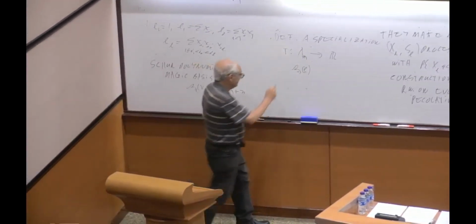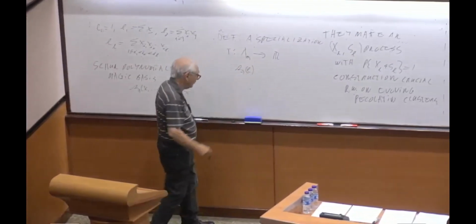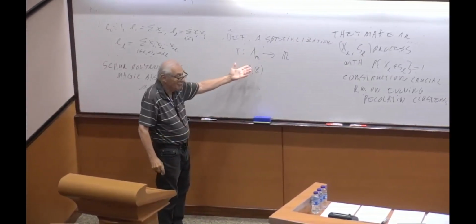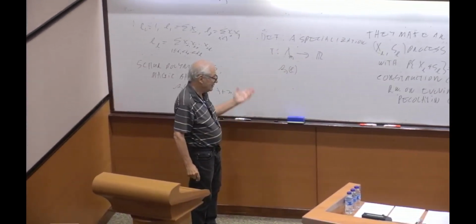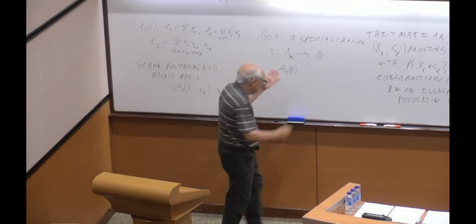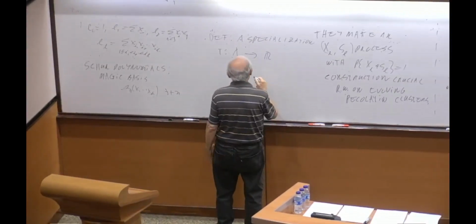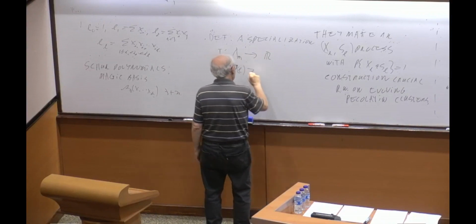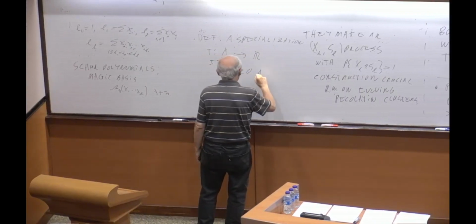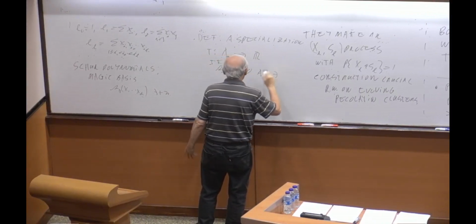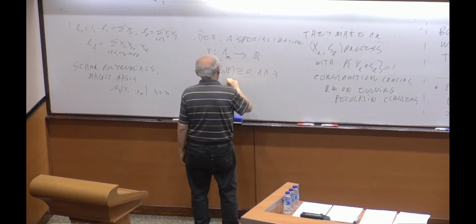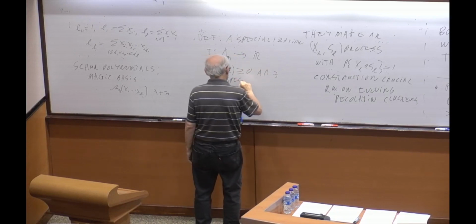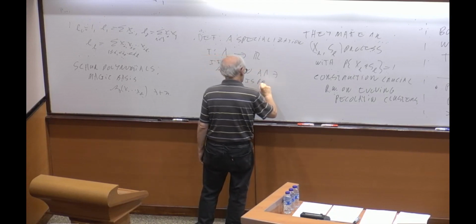I could write it s_lambda of t_rho, and we know all of the specializations. So if this is bigger than or equal to 0 for all lambda, that's called a positive specialization. The specialization is positive.